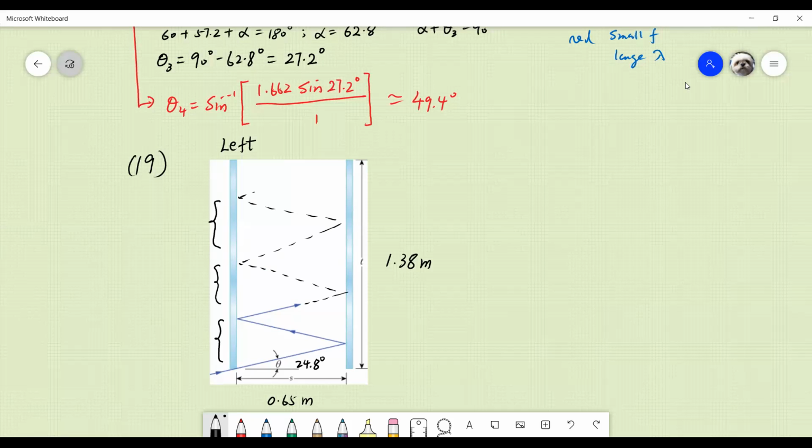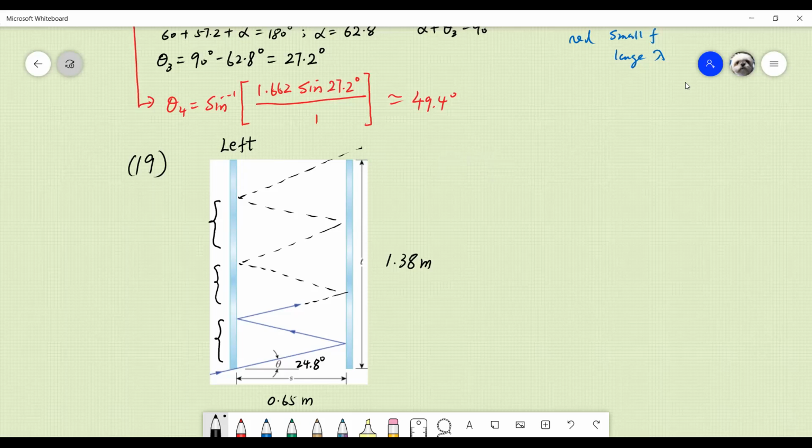If I look at the way I drew it, how many times does the light beam reflect from the left side? Three times. But that's not what we're asked, so we have to do more.